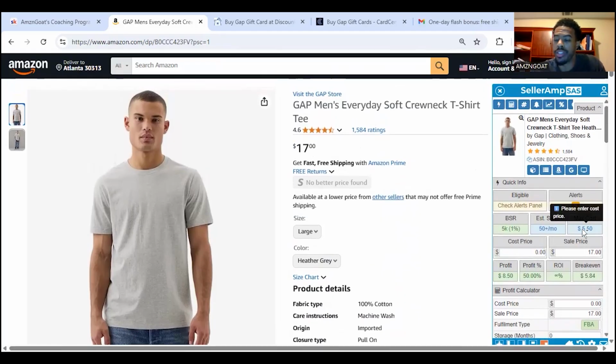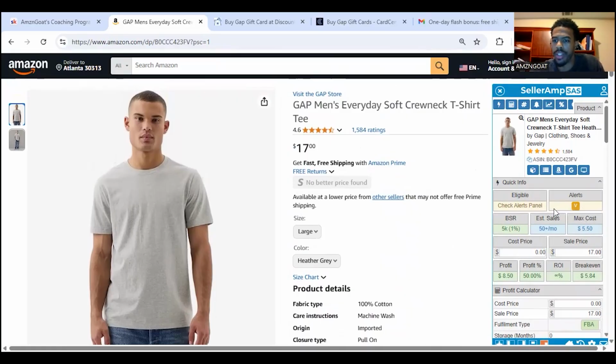See, this max cost is $5.50. That max cost is the highest price we want to pay for the product in order to satisfy our ROI threshold, or our target ROI.